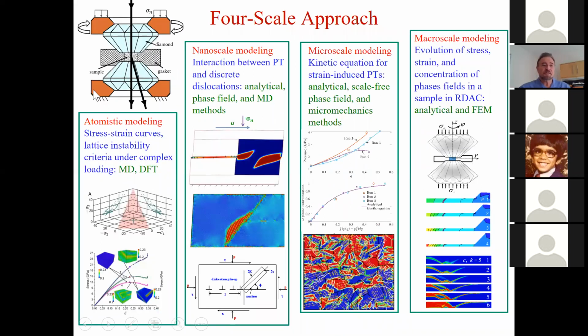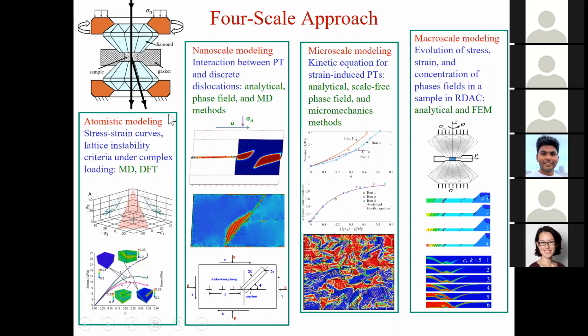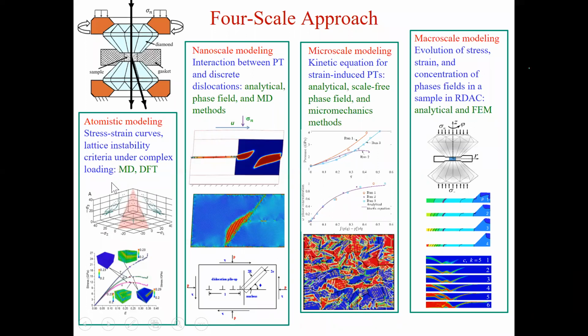Well, I will discuss first experimental results in the rotational diamond anvil cell, and then we'll discuss the four-scale theory which we developed for understanding and interpretation and prediction of various phenomena under such conditions. At the atomistic scale, our main goal is to determine lattice instability conditions. We just discussed them. This is the same as the phase transformation criteria for ideal crystal, defect-free crystal. And we use molecular dynamics and density functional theory, also to determine stress strain curves, elastic properties, and so on.